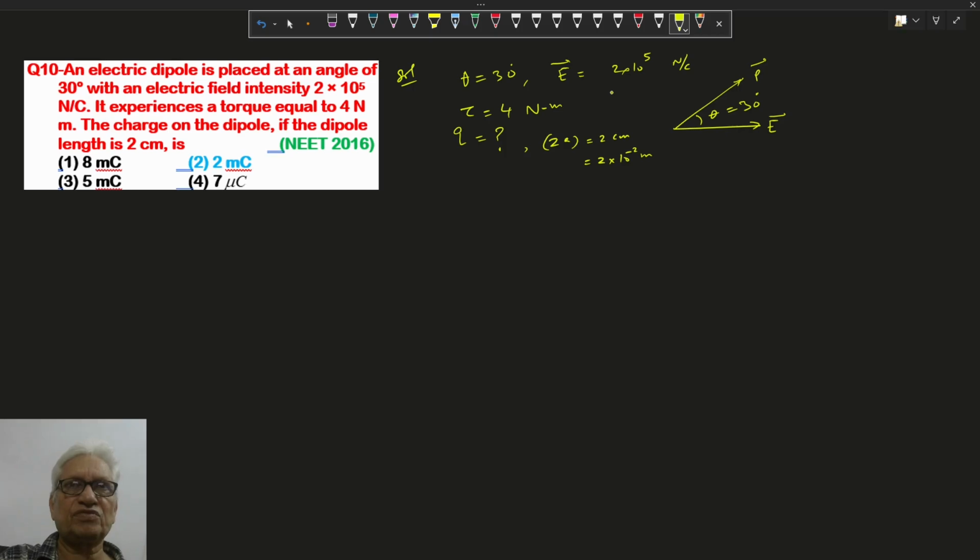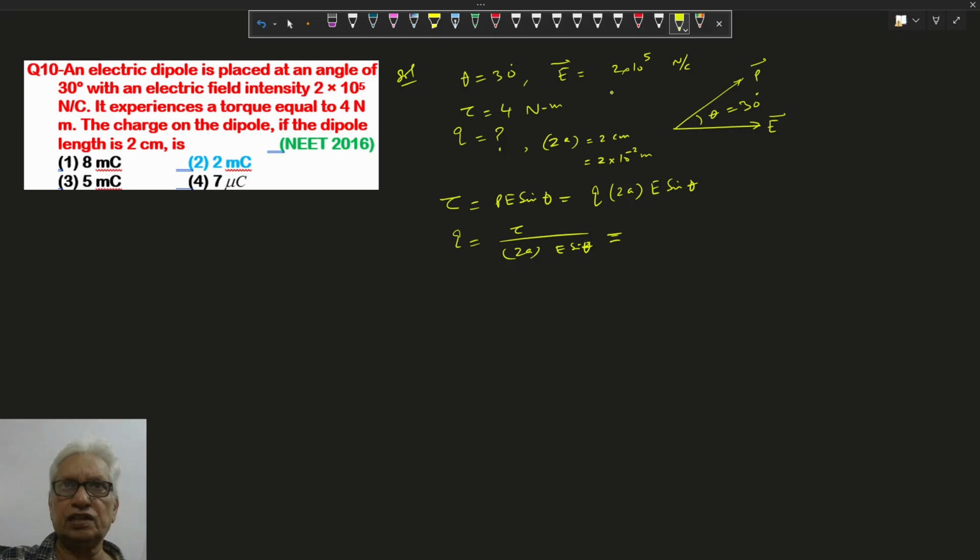The formula for torque is P E sin theta, or Q into 2A E sin theta. So Q will be torque divided by 2A E sin theta.